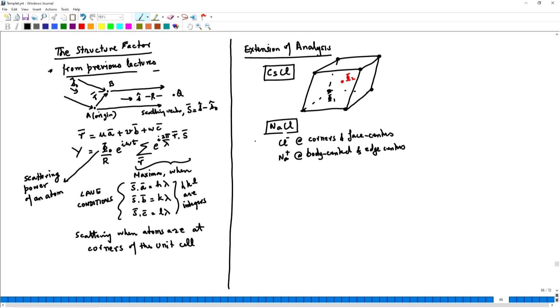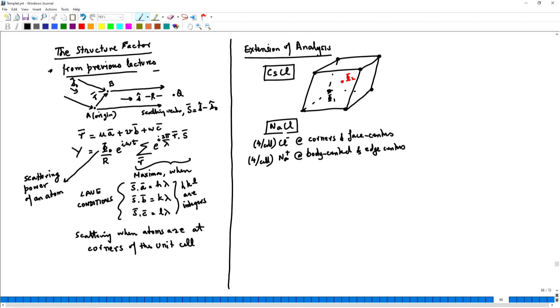Effectively, we have 4 chlorine ions and 4 sodium ions per unit cell. So, in this case there are going to be now 8 atoms in the unit cell, and again I have 2 different kinds of atoms. There can be a situation where all the 8 atoms could be different.